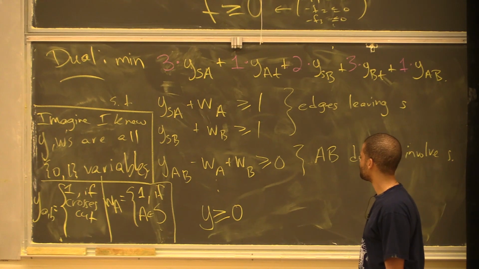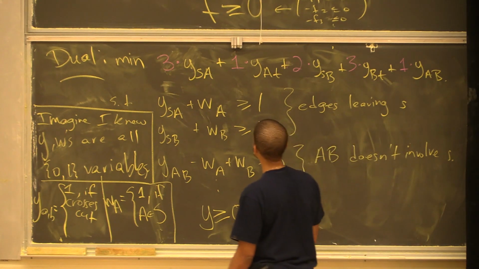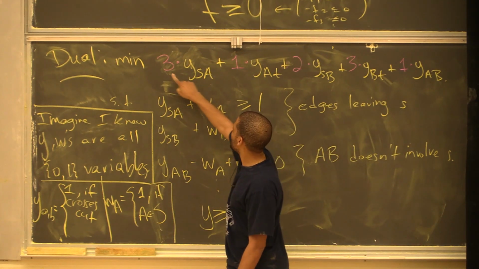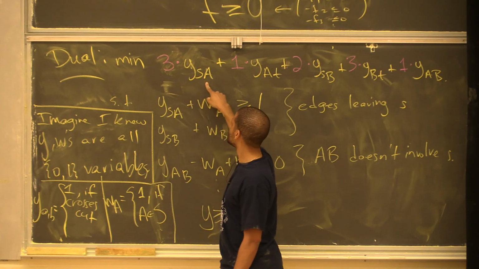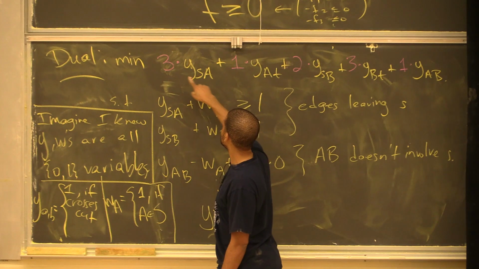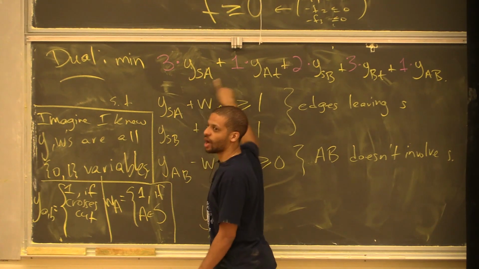Okay. And then these constraints make sense. It's like I pay the capacity for each edge, so if y is 0s and 1s, I pay the capacity. If it's 0, then it disappears. If it's 1, that means that edge is crossing the cut.